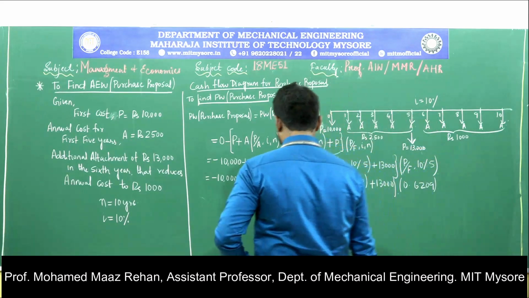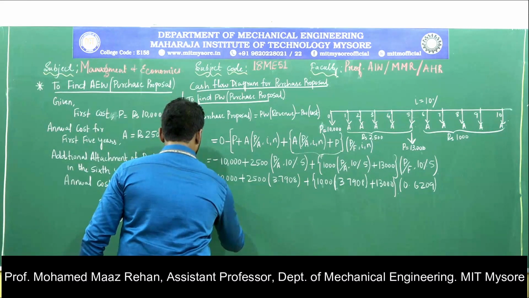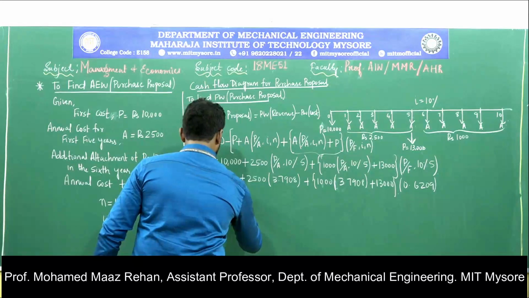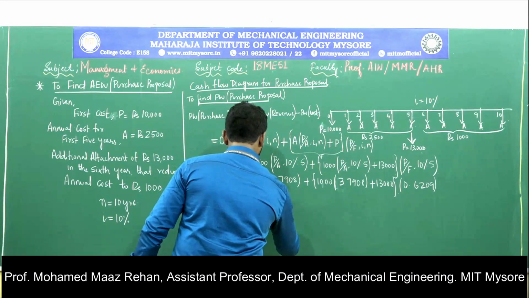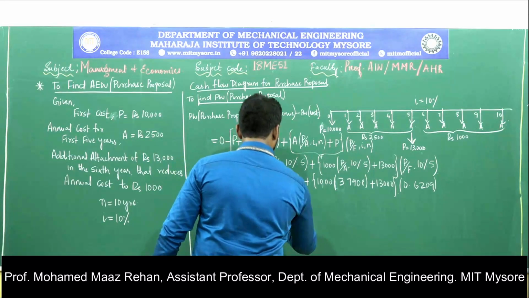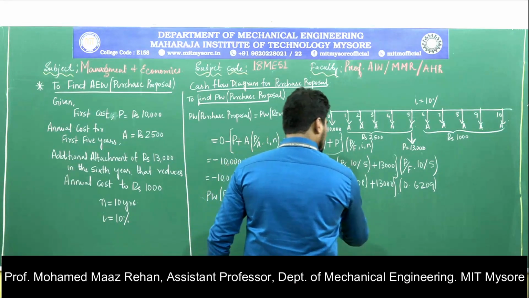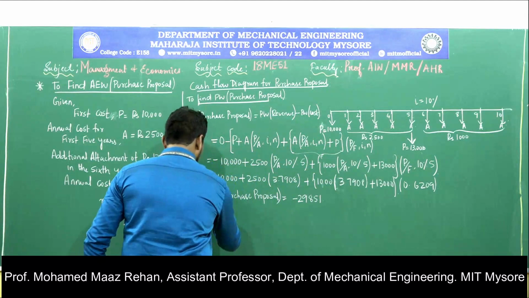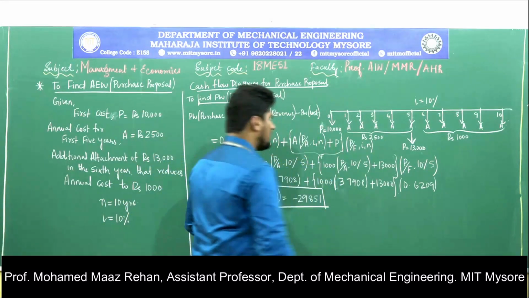If you just calculate, you will get the present worth for the purchase proposal as minus 29851. This value we got.